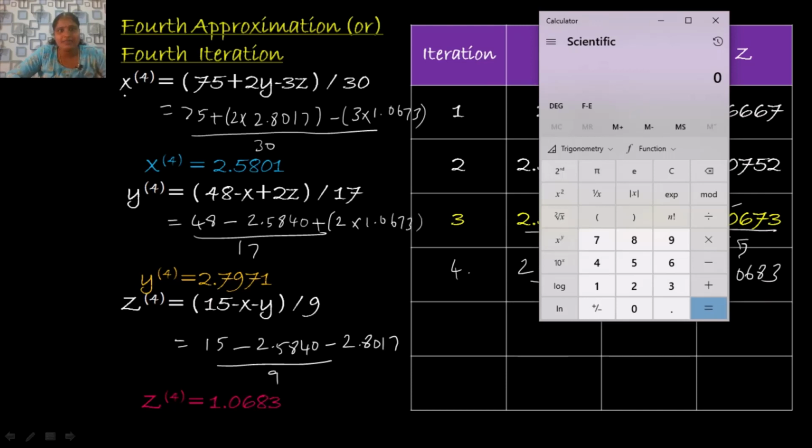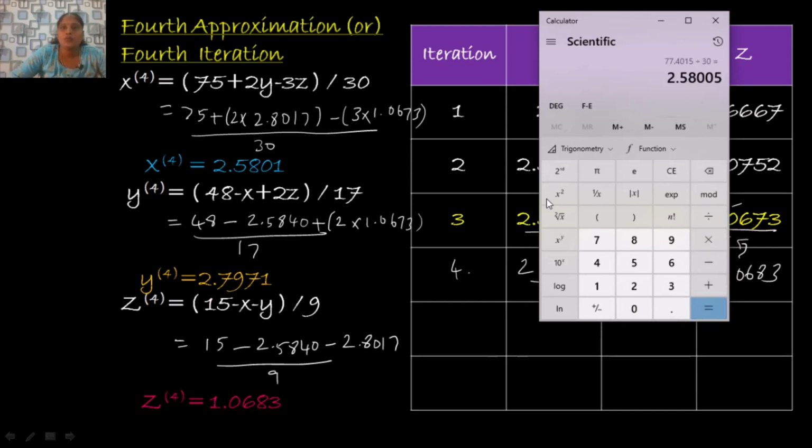Let me start with the value of x: 75 plus, within parenthesis, 2 product 2.8017, close the parenthesis, minus, within parenthesis, 3 product 1.0673, close the parenthesis, and then equals, and divide this value by 30.